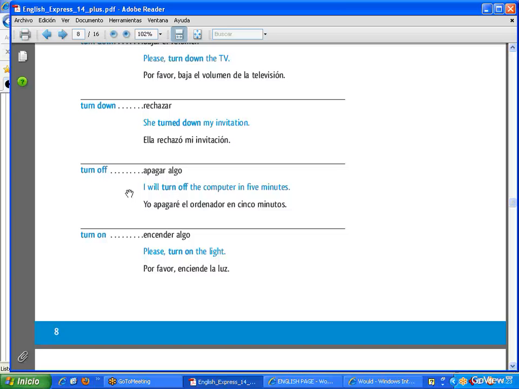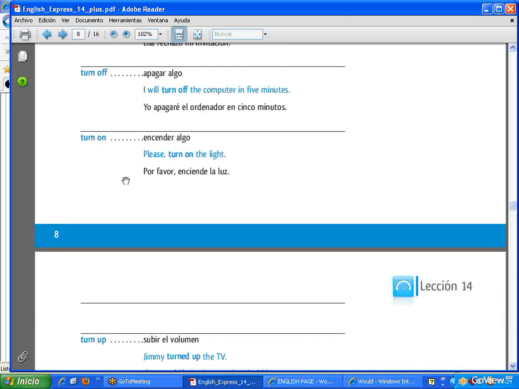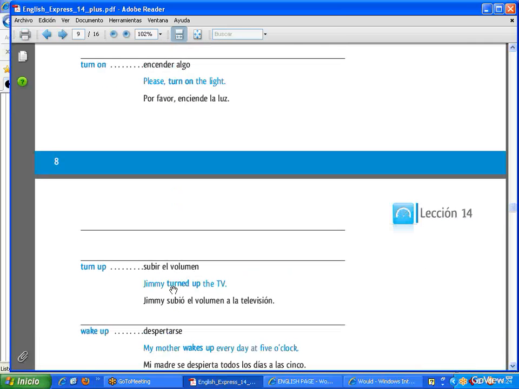And turn on, contrario. Please, turn on the light. And turn up. Well, this is the opposite of turn down, bajar. In this case, subir. Subir el volumen. Jimmy turned up the TV.